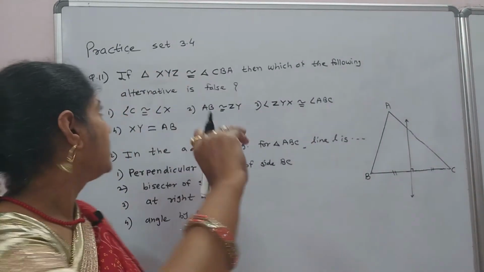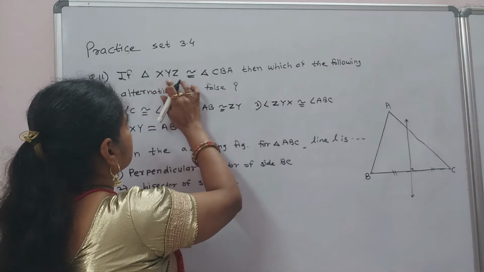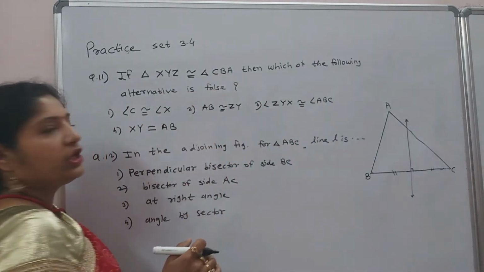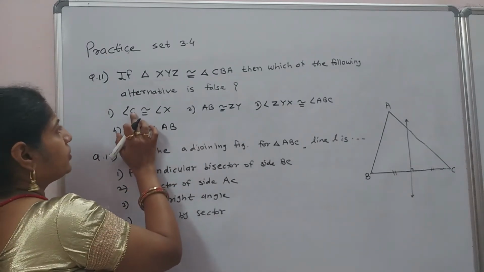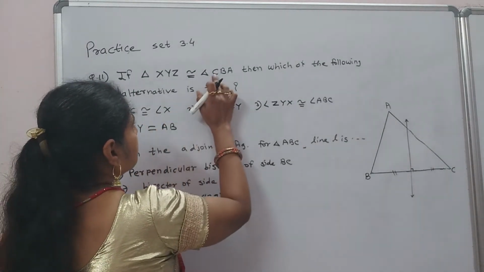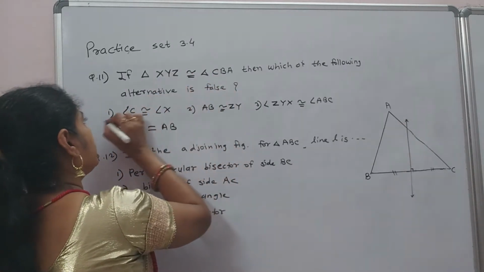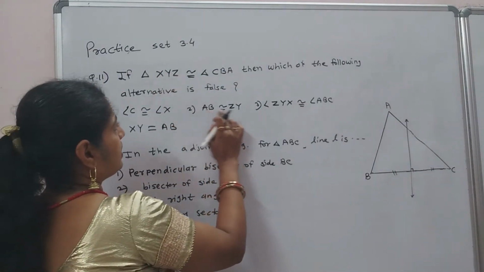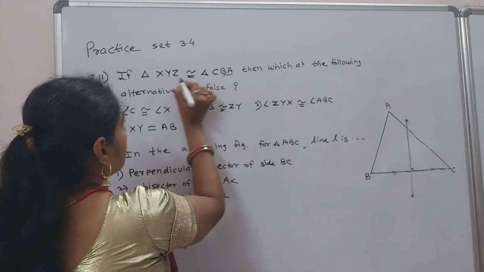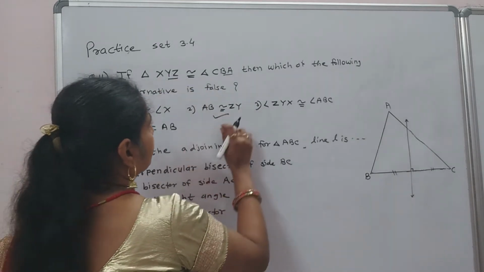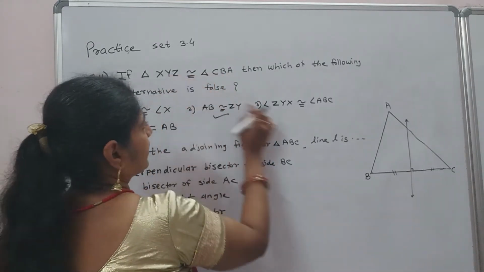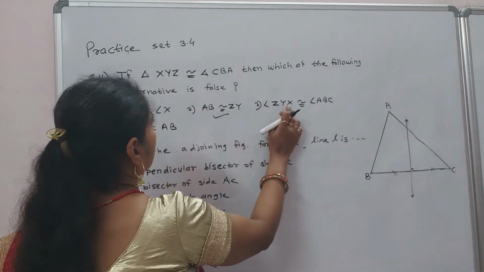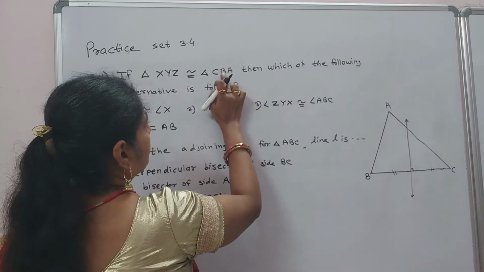Next question. If triangle XYZ is congruent to triangle CBA, then which of the following alternatives is false? First alternative: angle C is congruent with angle X, right. Number 2, AB and ZY. This is also right. Number 3, angle ZYX is congruent with angle ABC.